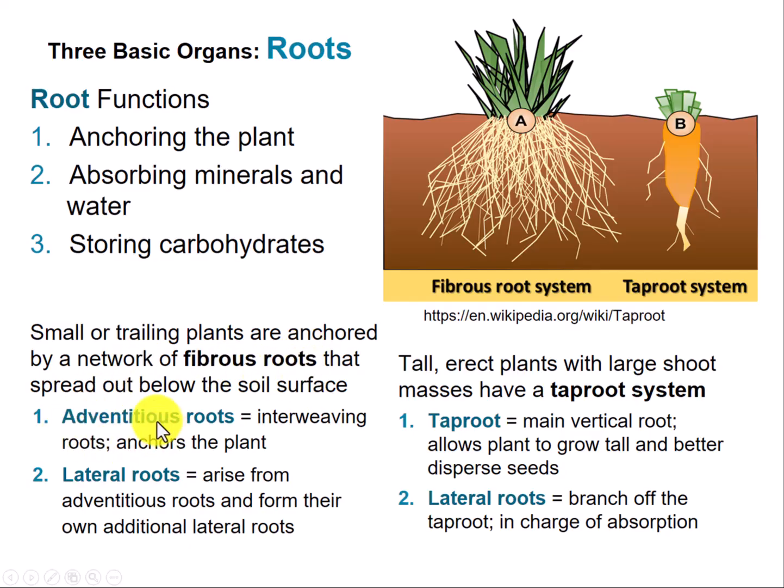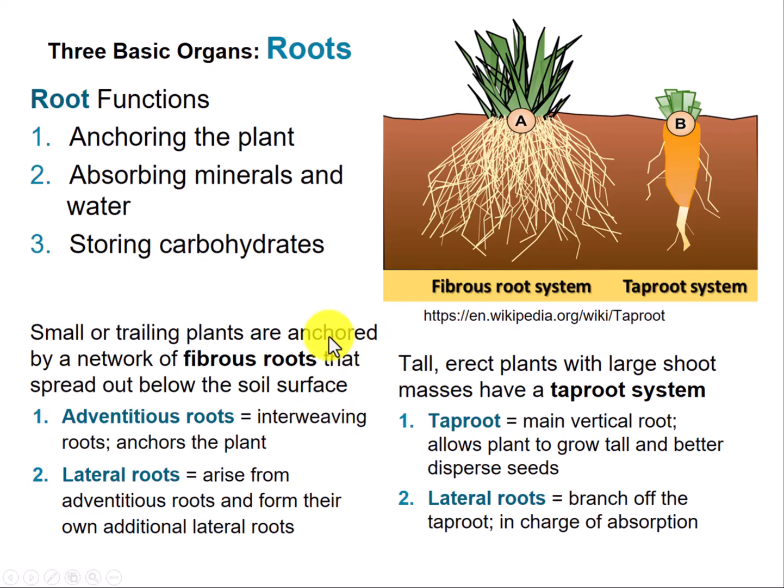The terminology used to describe our fibrous root system: our adventitious roots, which are the interweaving roots that anchor the plant, and our lateral roots that arise from the adventitious roots and form their own additional lateral roots to increase surface area. Because remember, roots' big job is to absorb things, and the more surface area you have, the better you can absorb.